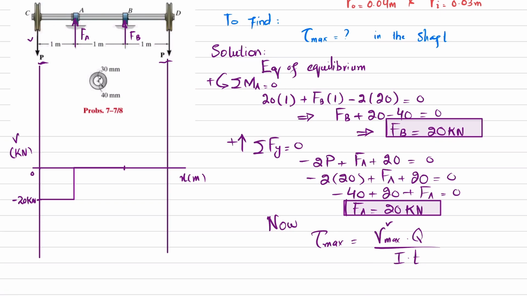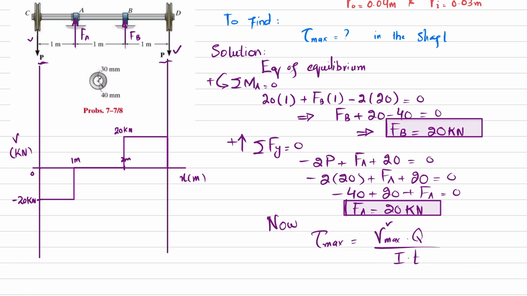Let this be 1 meter, this be 2 meter. Now at this point you can see that there is a load FB which is upward, and that is 20 kilonewton, so it will move upward to this point, plus 20 kilonewton, and it will again be straight, and then the minus 20 will bring it down.